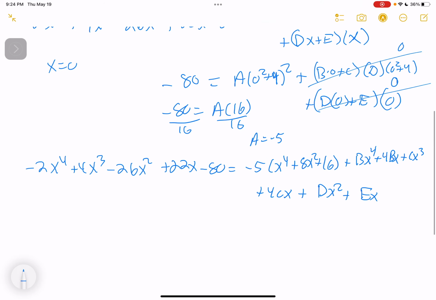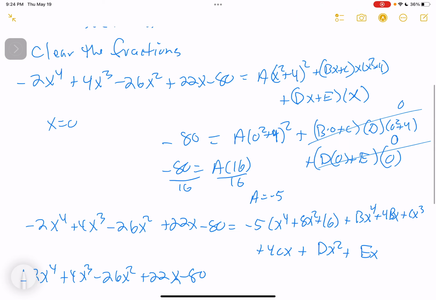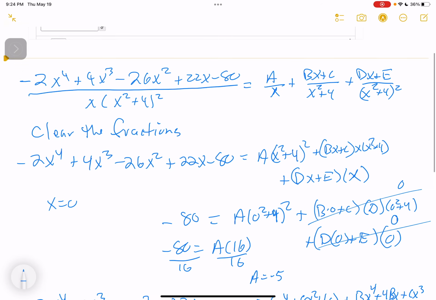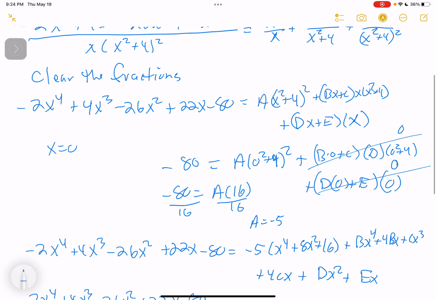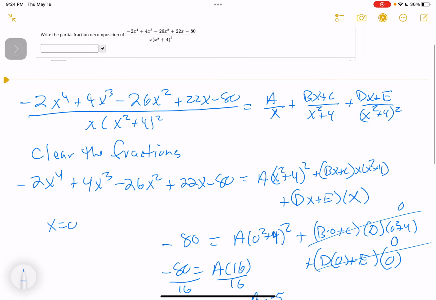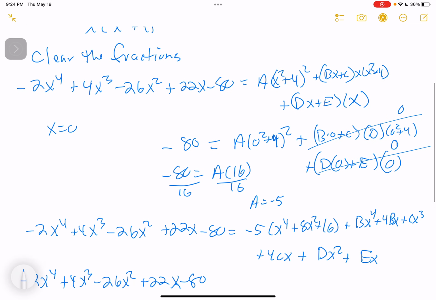So at this point, my strategy is to look at all the coefficients. And before I do that, I'm going to rewrite this negative 2x to the fourth plus 4x cubed minus 26x squared plus 22x minus 80. Let me verify I didn't change any signs by mistake. Okay, we're good.